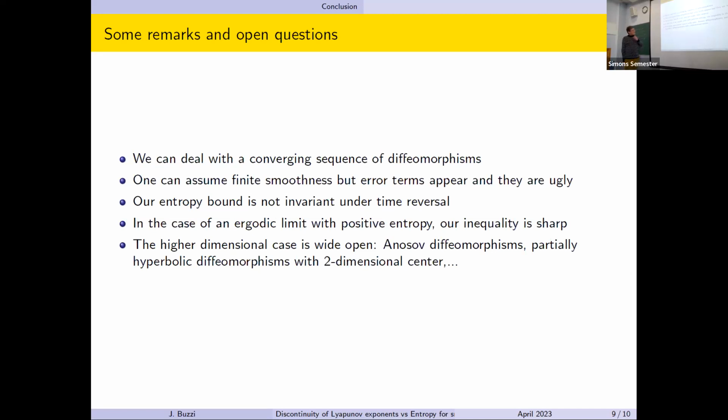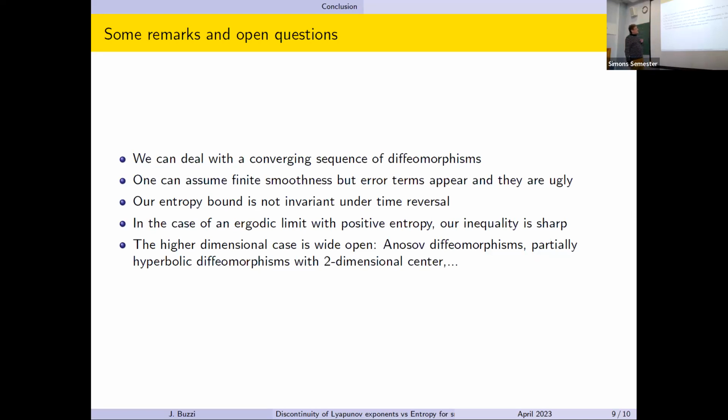So let's make some remarks quickly, from the more or less simple to the hypothetical. The paper is written this way because it doesn't really cost anything. Instead of looking at a sequence of measures for a single diffeomorphism, you can just assume that mu k is f k invariant, provided that the diffeomorphisms converge in the C-infinity topology.